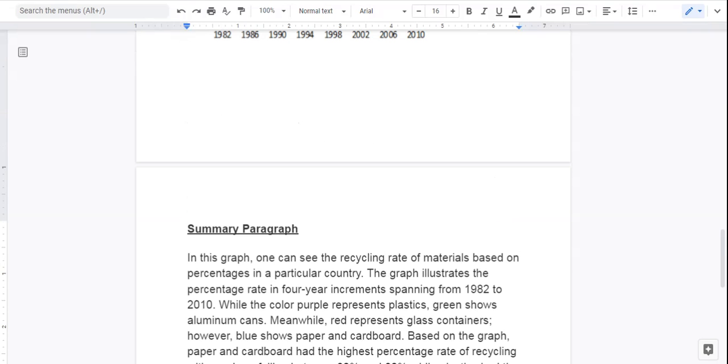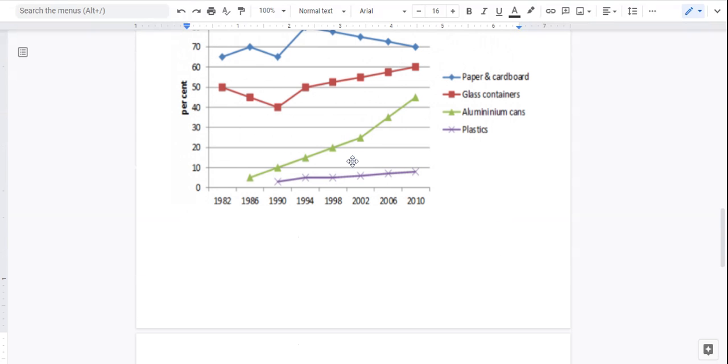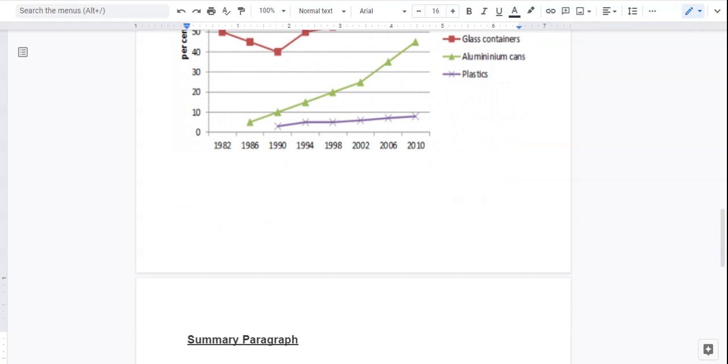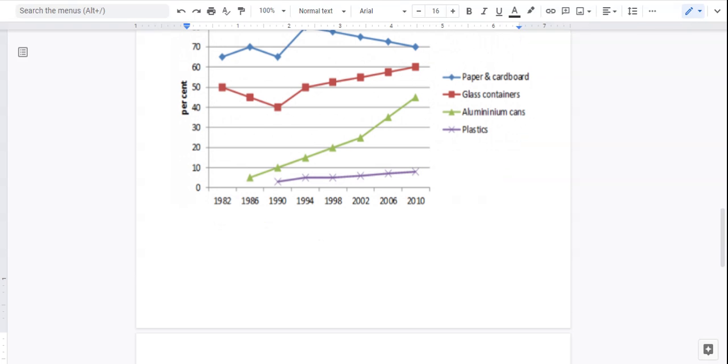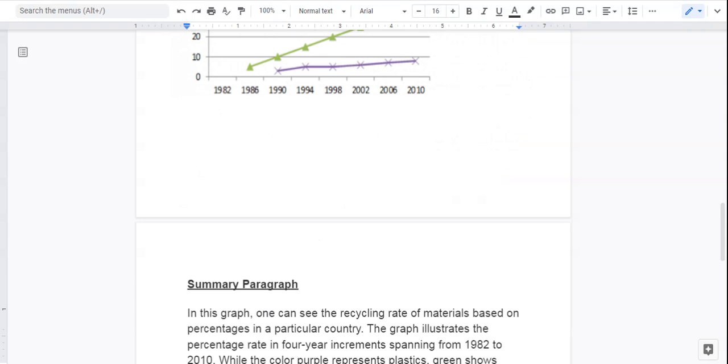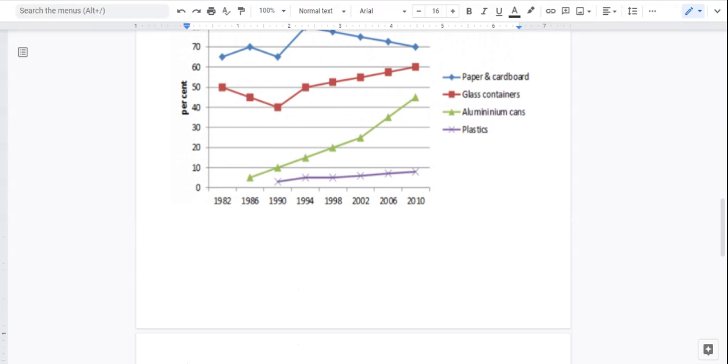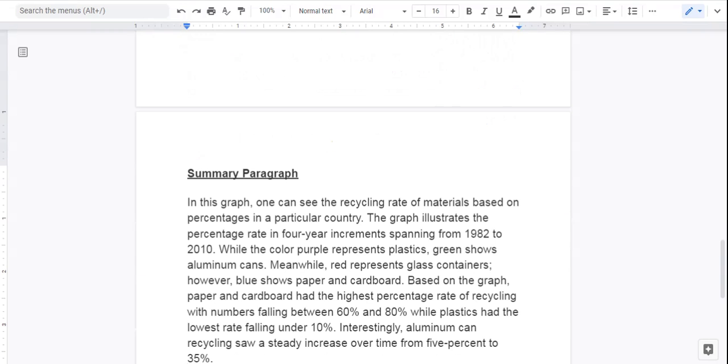2 minutes and 40 seconds remaining. So really, we can look at the years, there was a dip between 1986 and 1990 in recycling of paper, cardboard, and glass containers. And again, it's right around between 1986 and 1990.